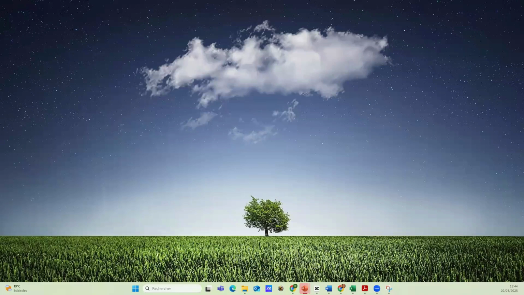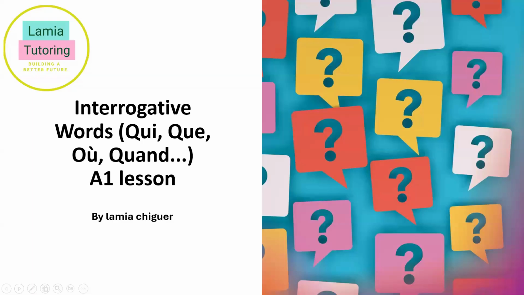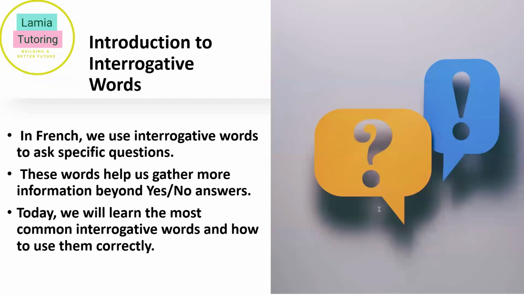Let me go to the part where we talk only about interrogative words: qui, que, où, quand. This is like another lesson, but it's linked to this one.